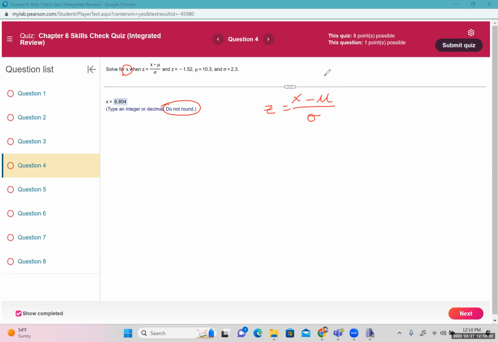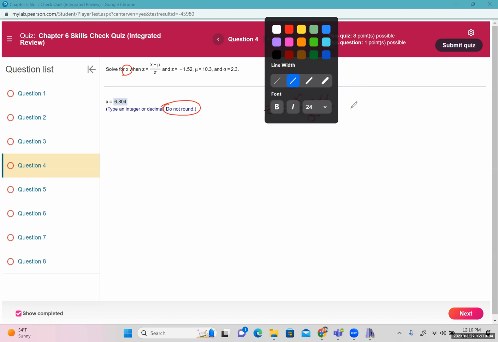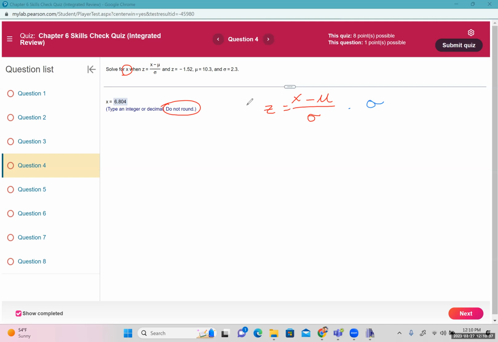I will multiply both sides by the population standard deviation. The reason is I want to solve for x, so I need to isolate x alone. So my first step is having the standard deviation, the sigma there, move away. So now the left hand side become z sigma. The right hand side gonna become x minus the mean, the mu.